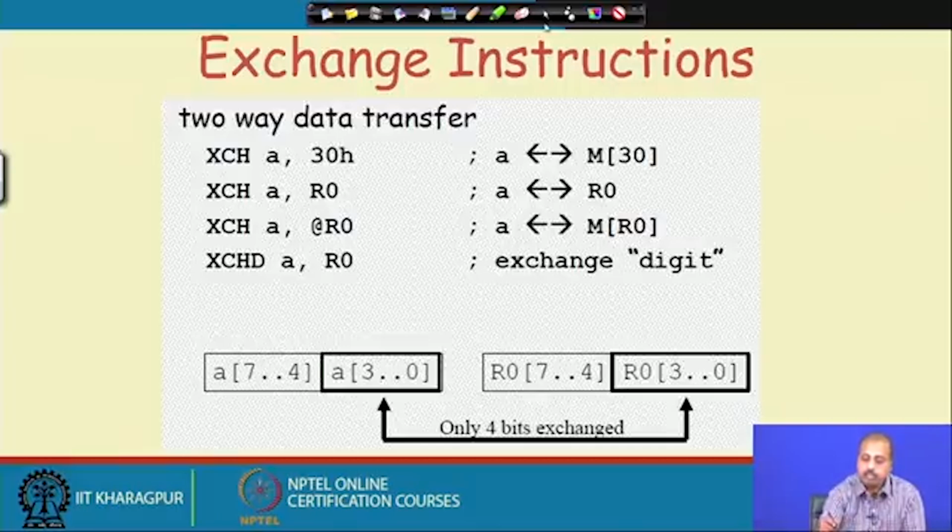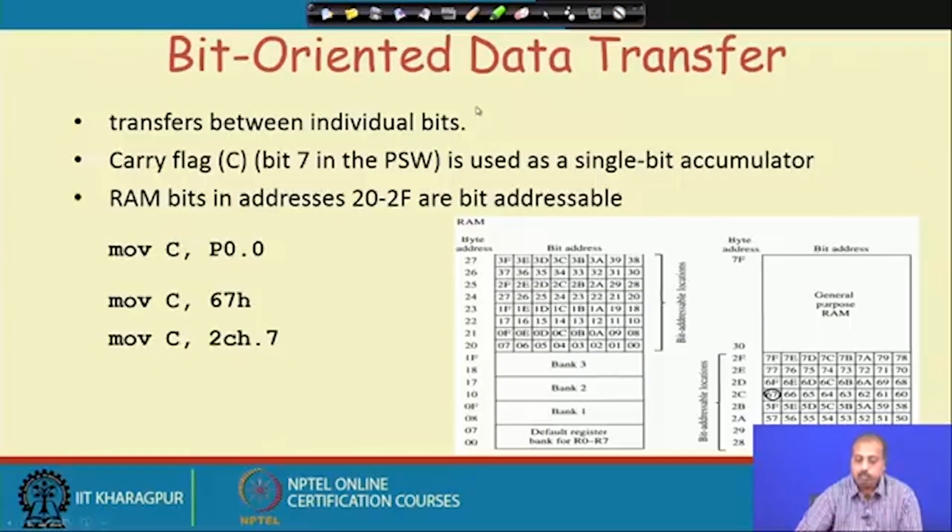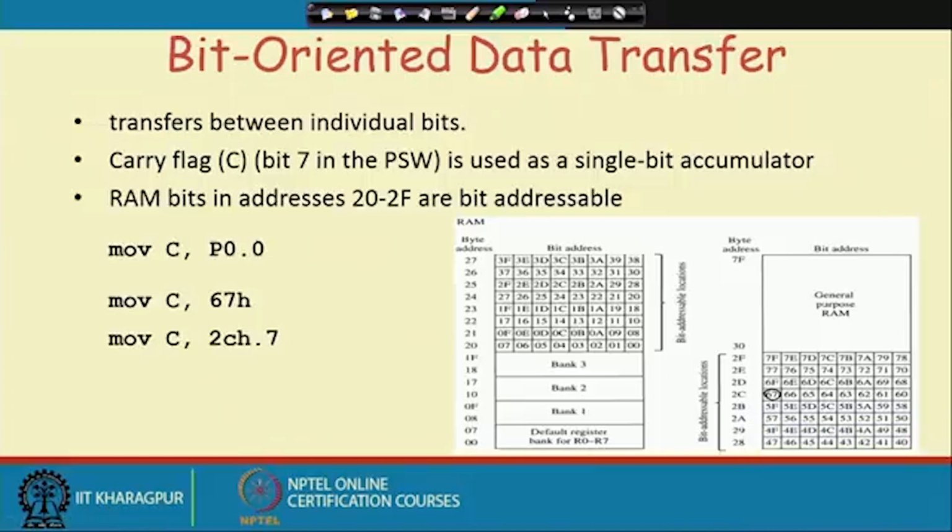Next we will look into bit oriented data transfer. This is a very powerful feature that the 8051 microcontroller has, and for that matter most microcontrollers have this bit addressability. It makes it powerful because many times we have to set different bits in a different fashion.